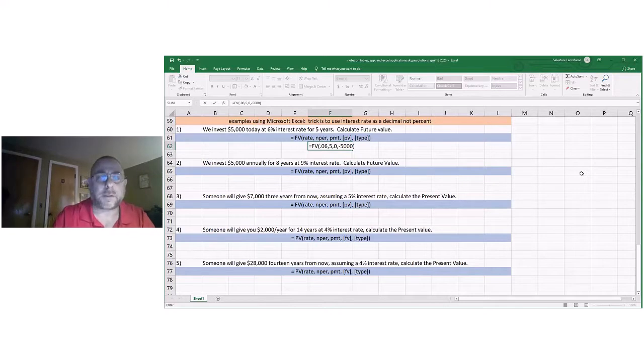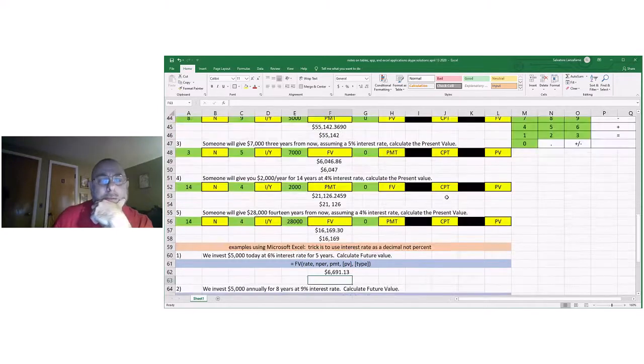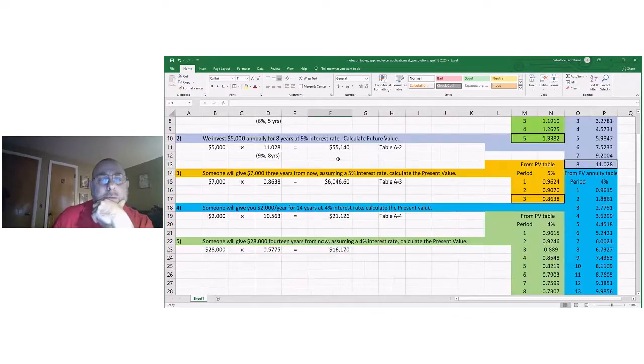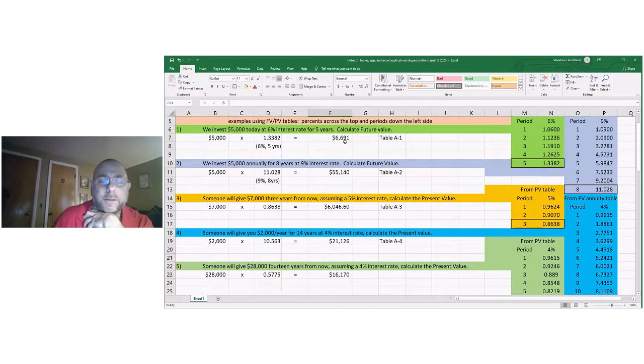Okay, so if I hit enter, look at the answer I get: 6691.13. Let's compare it to the app answer. 6692 compared to the table, 6691.